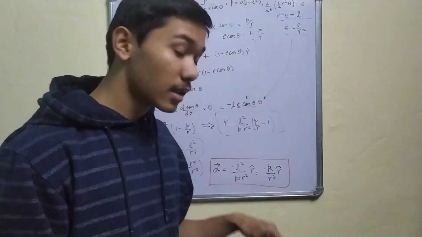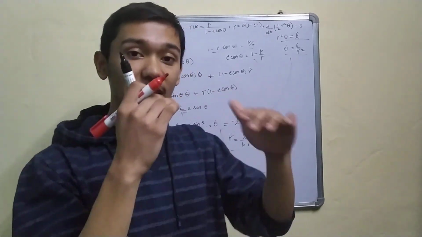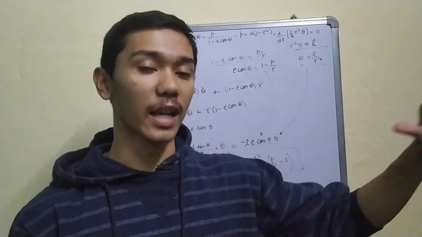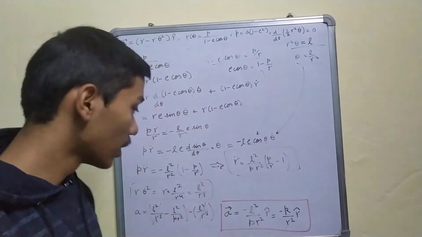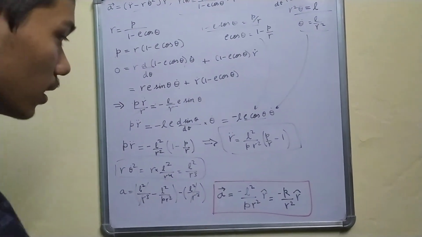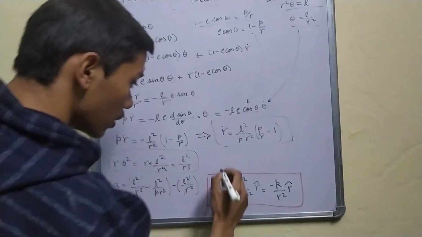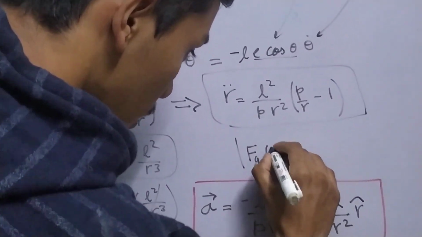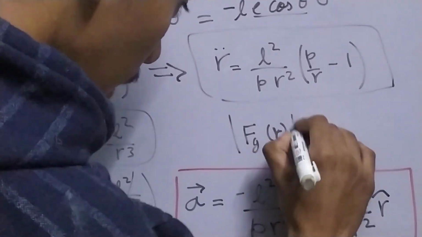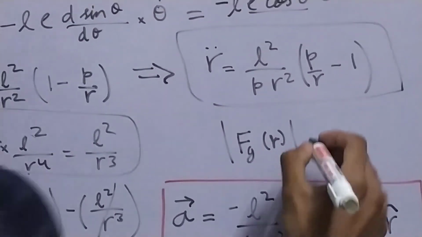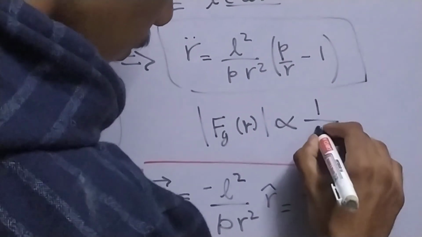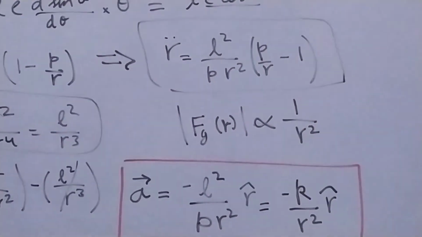Now this means that your acceleration decreases as 1 over r square in the radial direction, and force of gravity is just mass times acceleration. So the magnitude of the force of gravity as a function of the distance r will be inversely proportional to 1 upon r square.